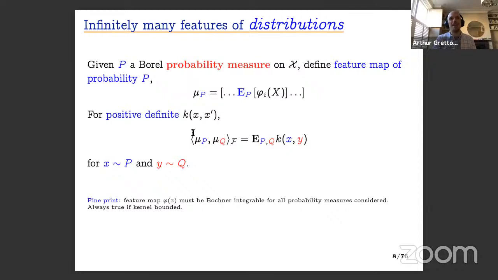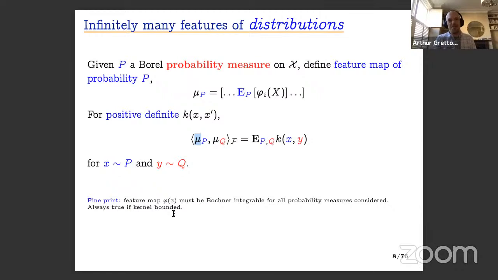In particular, the dot product of the expected feature of P and the expected feature of Q is the expectation under P and Q of my kernel between x drawn from P and y drawn from Q. So I can manipulate my vectors of expected features as long as I only view them via their dot products with other expected features or with features of points. And I can do that using this expected kernel trick.